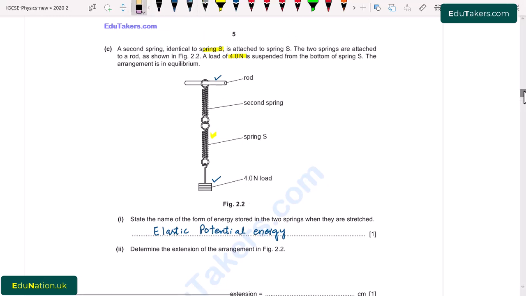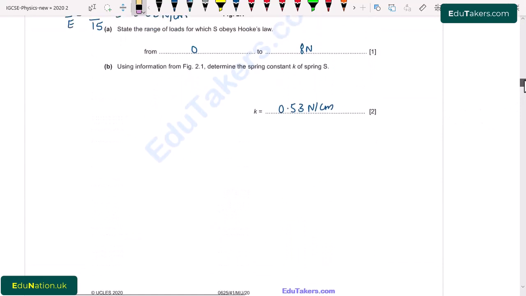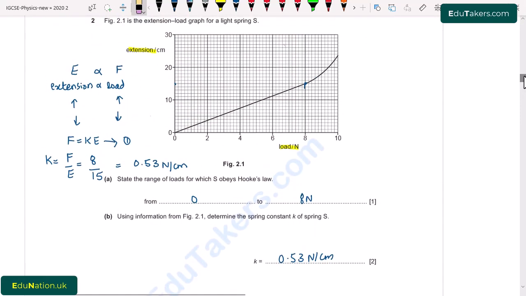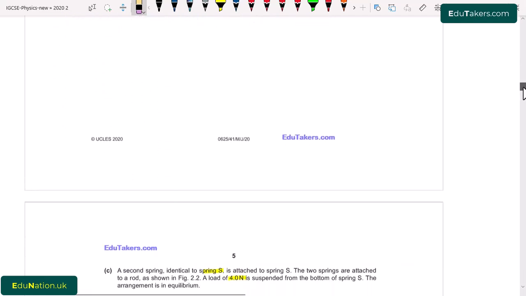So from the graph you can see here that when the load is 4 newton, this point, its corresponding value of extension will be this, and it is almost at 7.5. So I just write here that when load is 4, extension will be 7.5 centimeter.